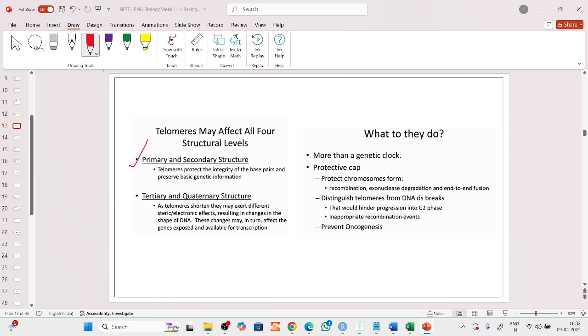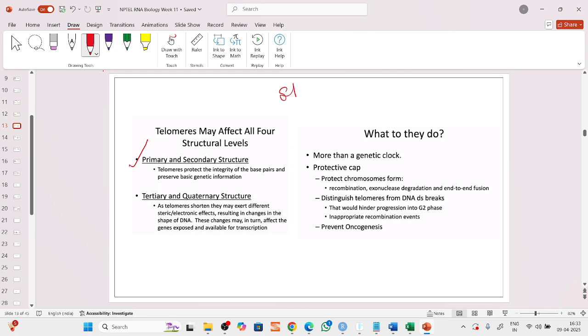Let us see how it affects the tertiary and the quaternary structural level. As telomeres shorten, they may exert different steric and electronic effects, resulting in changes in the shape of DNA. These changes may in turn affect the genes which are exposed and available for transcription.